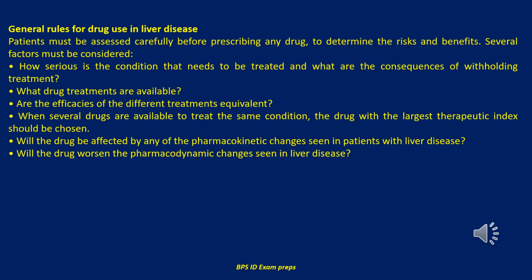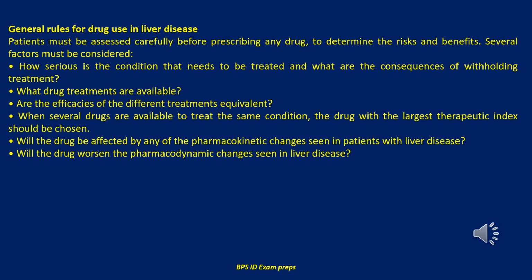Next we will discuss the general rules for drug use in liver disease. Patients must be assessed carefully before prescribing any drug, to determine the risks and benefits. Several factors must be considered. 1. How serious is the condition that needs to be treated and what are the consequences of withholding treatment? 2.